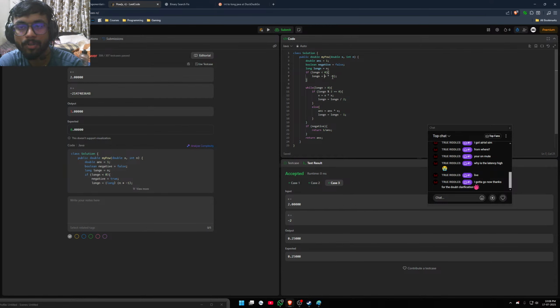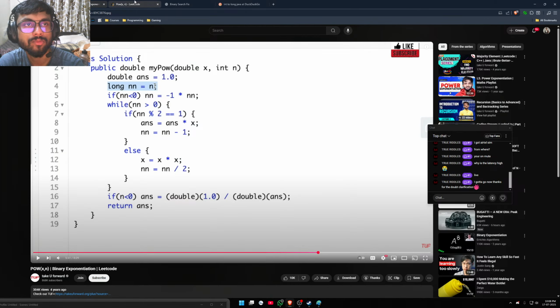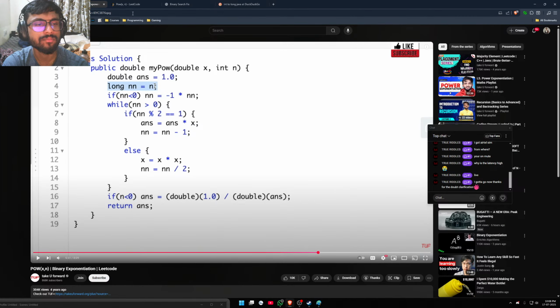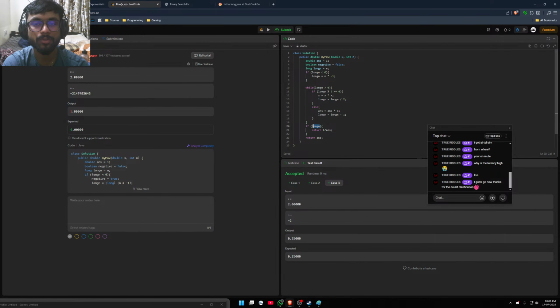It's also not needed. And so we convert it into positive. So while it's greater than zero, we do all these calculations. So yeah, if you use n, okay.